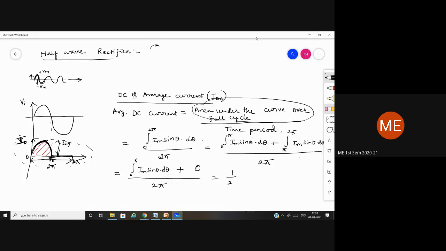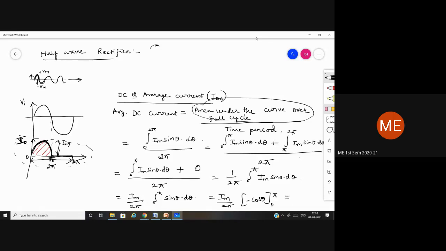That is equal to 1 by 2 pi times the integral from 0 to pi of Im sin theta d theta. Now take Im by 2 pi outside and integrate sin theta. When you integrate sin theta, you get minus cos theta from 0 to pi.